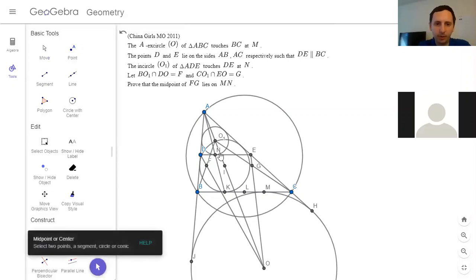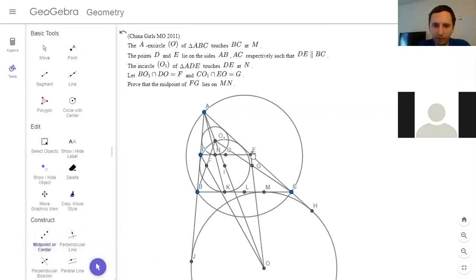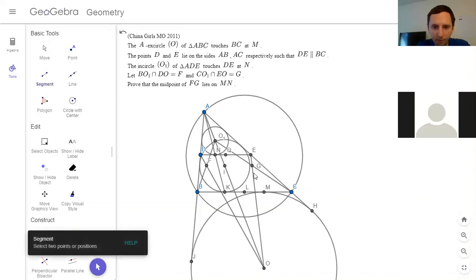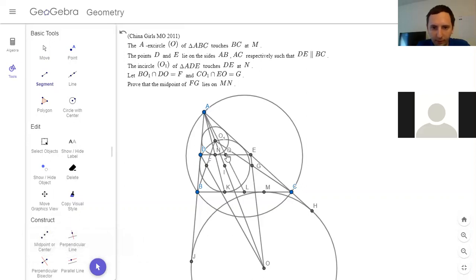So let's draw the midpoint of EB. Basically A, Q, and L are collinear. So the midpoint of FG lies on AL, obviously.